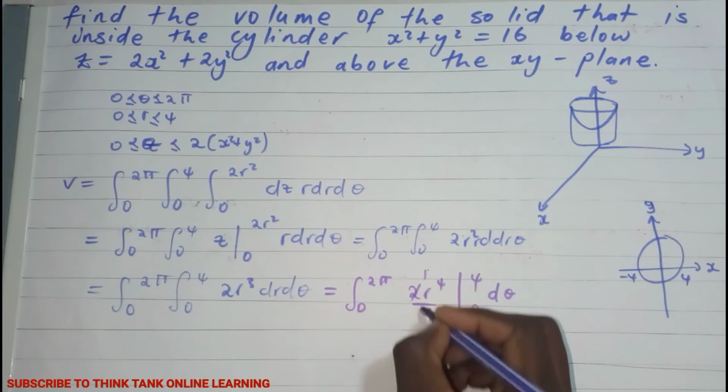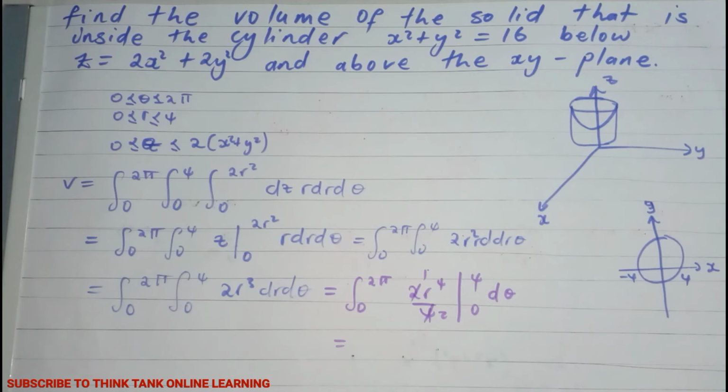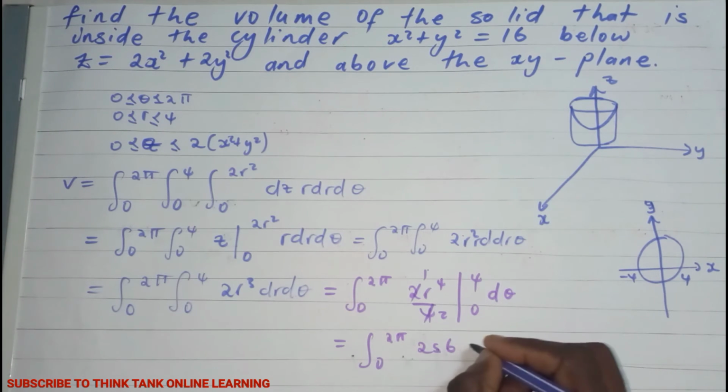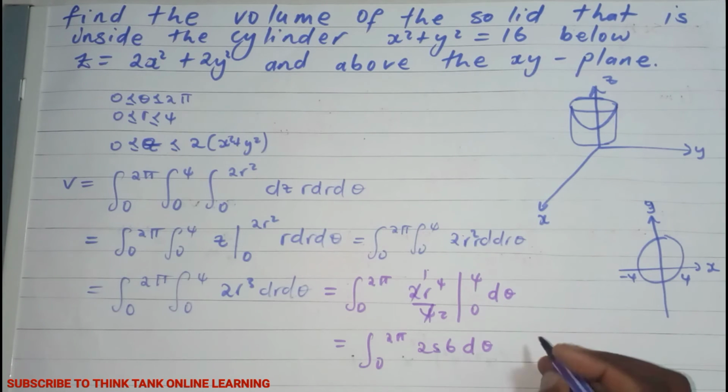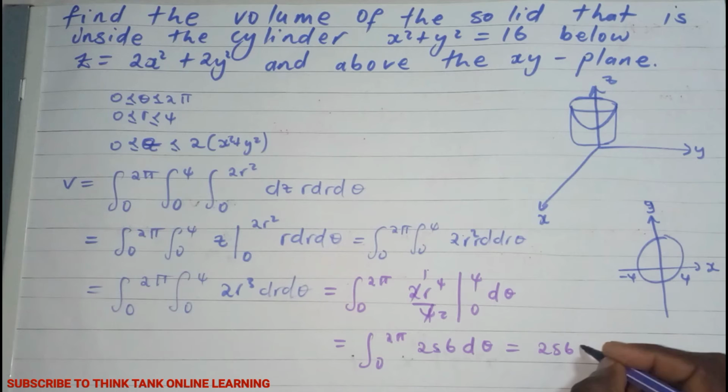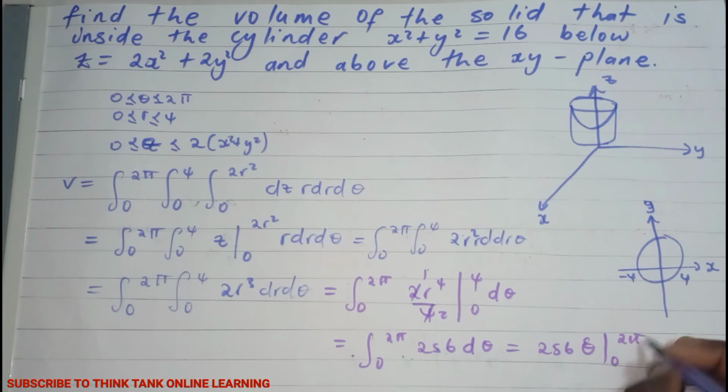Okay, so here we have 4 to the power 4, and that will give us 256. So we're going to have 0 to 2 pi, 256 d theta, and if we integrate with respect to theta, we're going to have 256 theta, our boundaries from 0 to 2 pi.